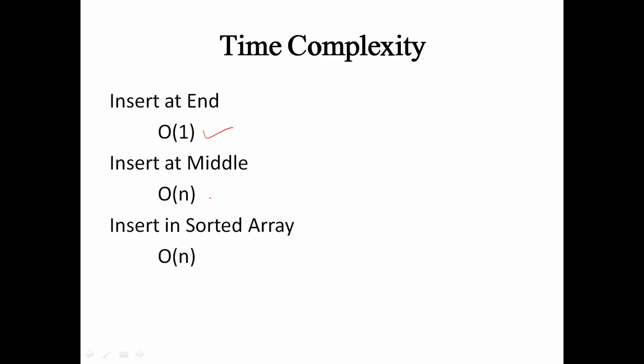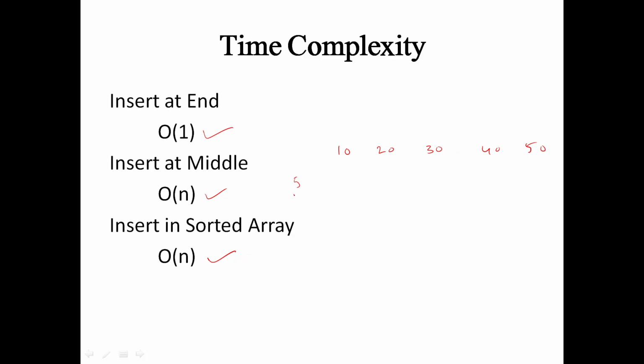And in the worst case, almost every element must be shifted. Therefore, the time complexity becomes big O of n. Insertion in the sorted array also, time complexity is big O of n. As I told you, we always take the worst case. So in the worst case, for example, I want to insert 5 in the array 10, 20, 30, 40, 50.